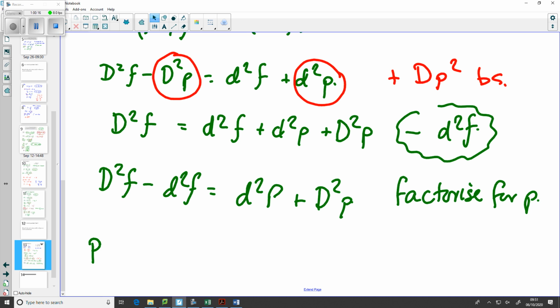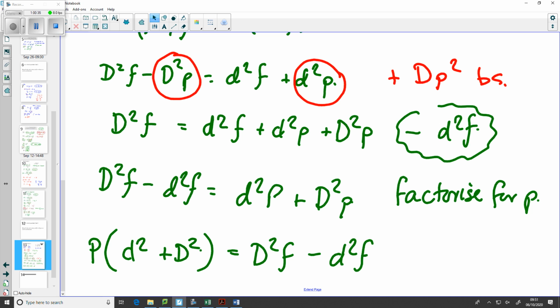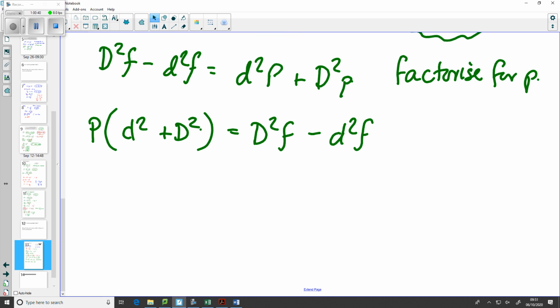So we're pulling p outside a set of brackets, and inside we're going to have little d squared plus big D squared is equal to this term, big D squared F minus little d squared F. Divide by that bracketed term all in one go. It's in brackets.